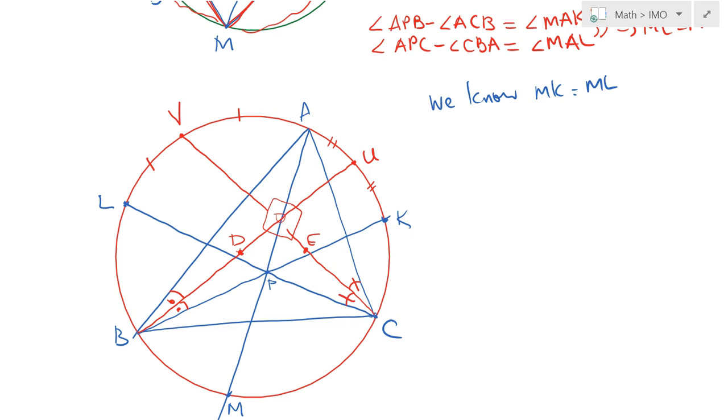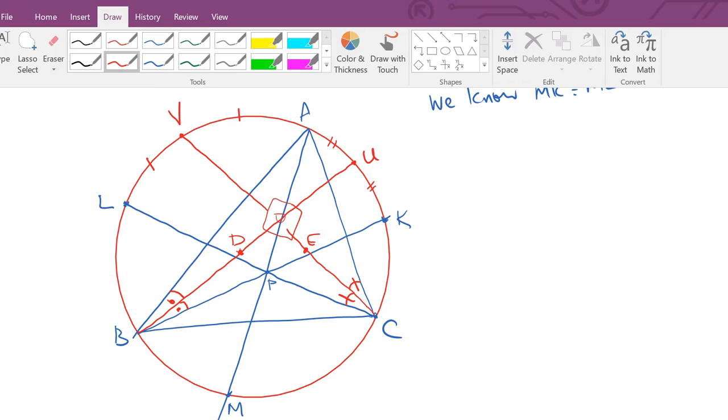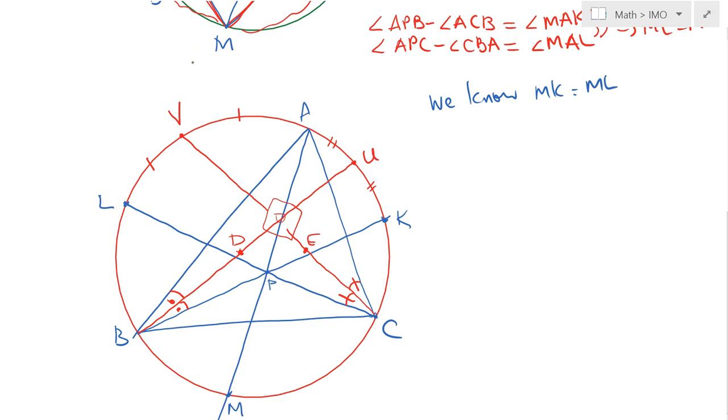But now let me focus my attention on a new triangle, namely triangle ALK. I don't know what's going on there, so let me just move on. Consider triangle ALK for a minute.